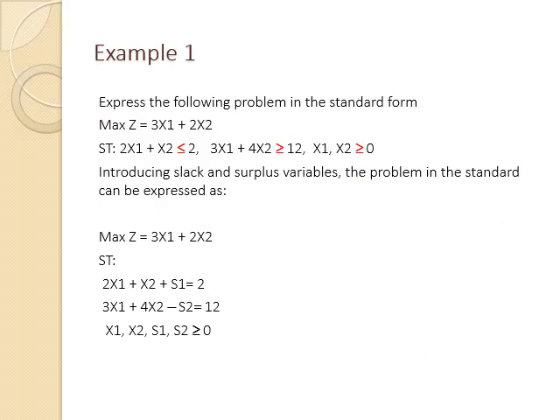Example 1. Express the following problem in the standard form, where max z equal 3x1 plus 2x2 subject to 2x1 plus x2 less or equal to 12, 3x1 plus 4x2 more or equal to 12, x1, x2 more or equal 0.